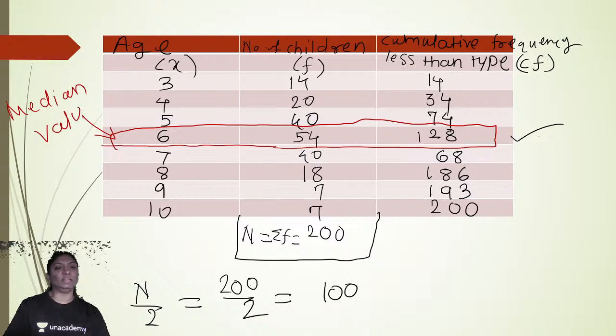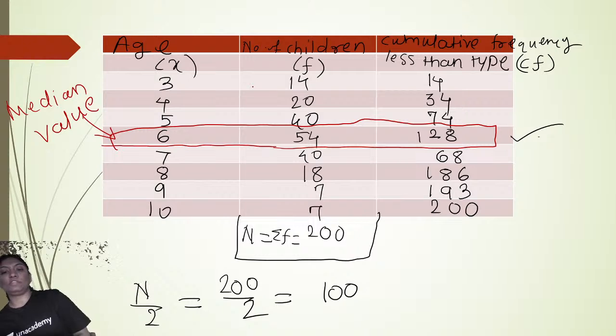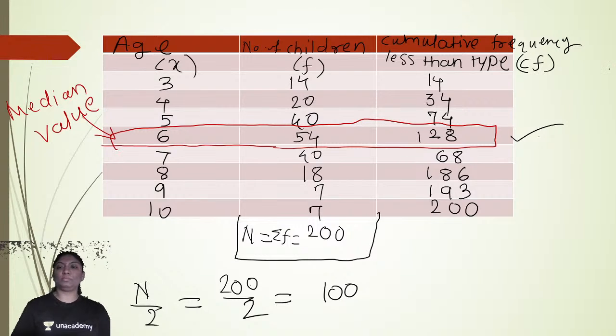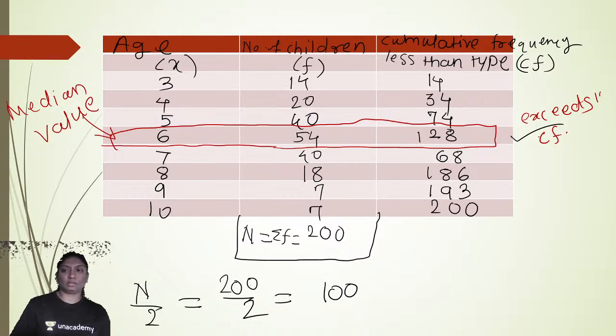Median. Wherever the cumulative frequency exceeds 100, the first CF that exceeds 100 is 128.